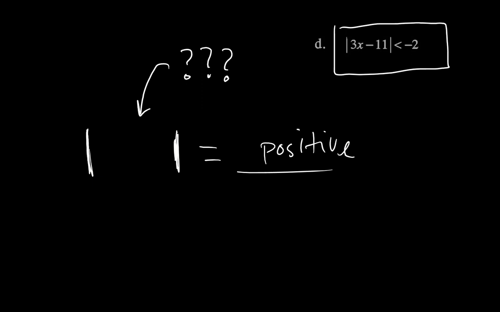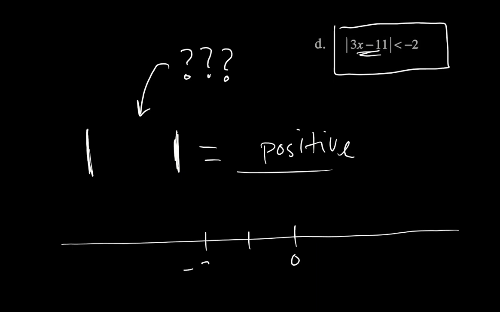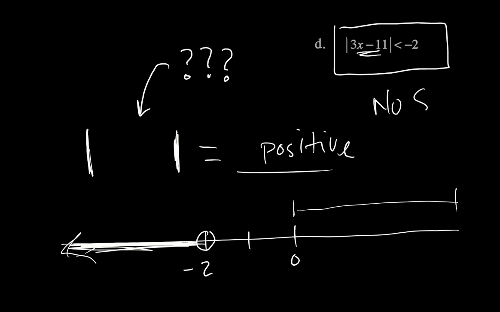So this is saying the absolute value of something is less than negative 2. Well, here's 0, 1. How's that possible? How can an absolute value be smaller than a negative number? It's not possible. There's just no way this can happen, because absolute values start here. It could be 0, but 0 or bigger than 0. So this one right here, there's no solution.